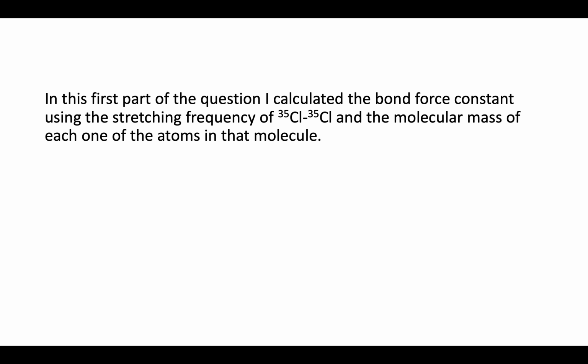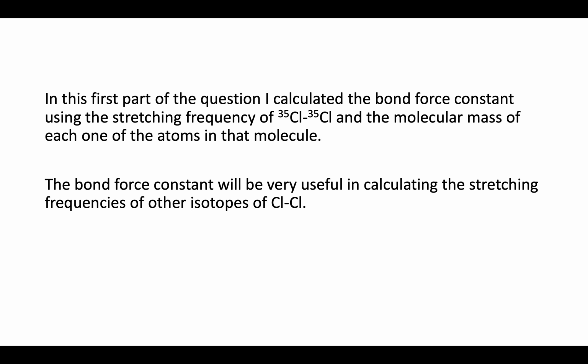Now, to end this question off, in the first part of the question, I calculated the bond force constant using the stretching frequency of 35Cl bonded to 35Cl and the molecular mass of each one of the atoms in that molecule. The bond force constant will be very useful in calculating the stretching frequencies of other isotopes of Cl bonded to Cl.